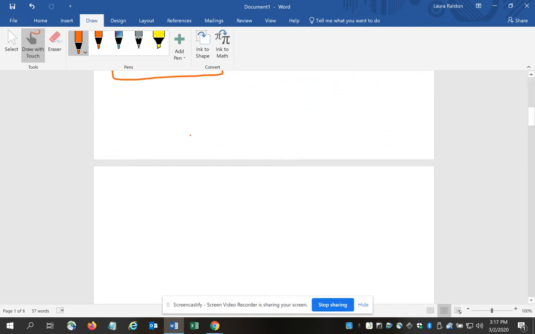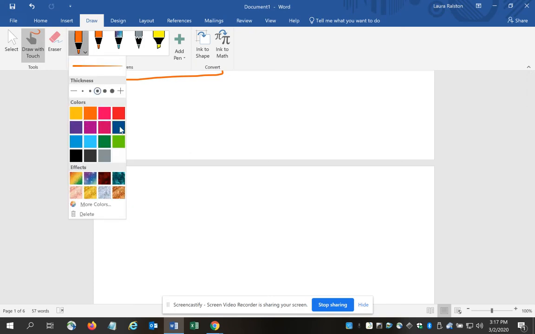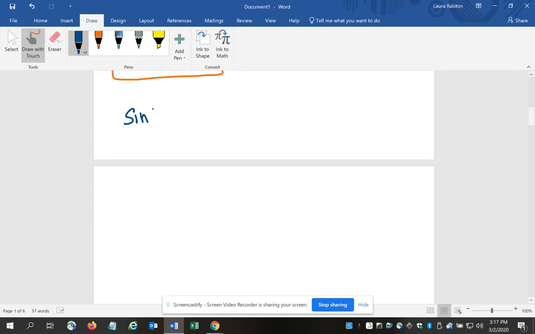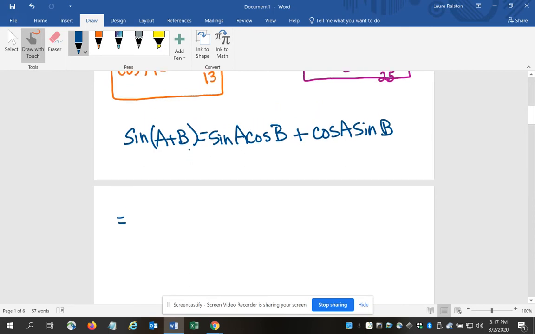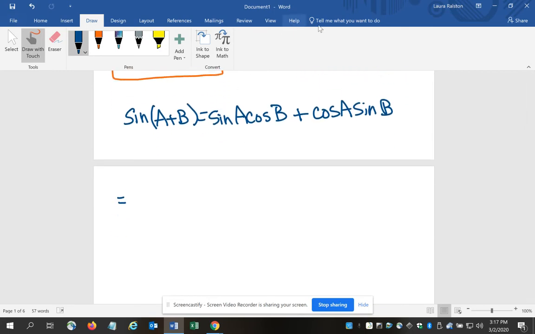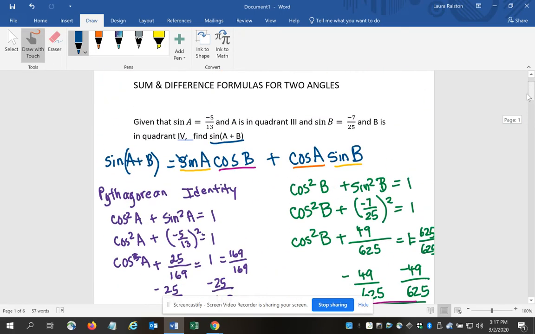I'm going to rewrite the formula, okay, so you can see exactly what I'm doing. I have sine of A plus B is the sine of A times the cosine of B plus the cosine of A times the sine of B. And I'm going to basically do substitution, okay? So I was given the fact that sine A is negative 5/13.